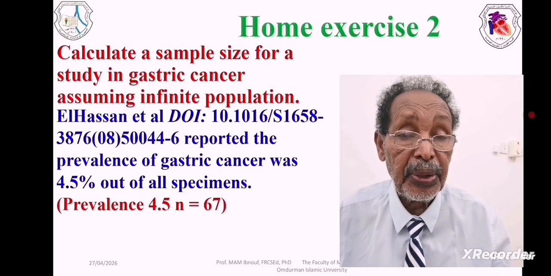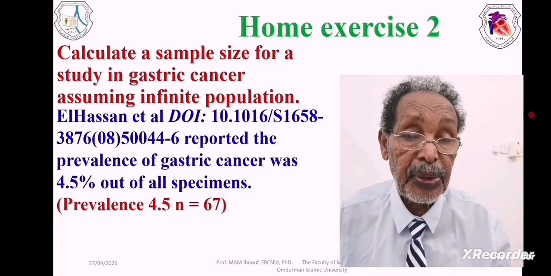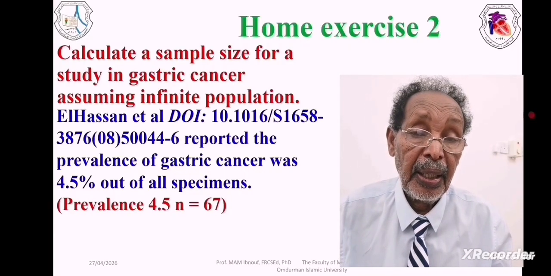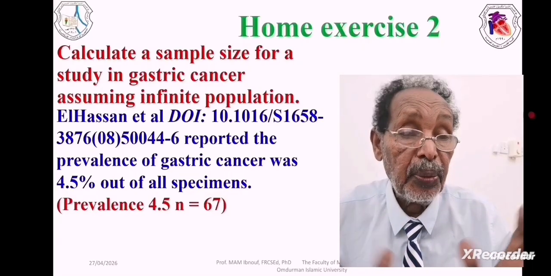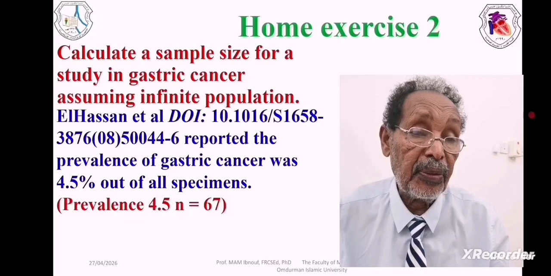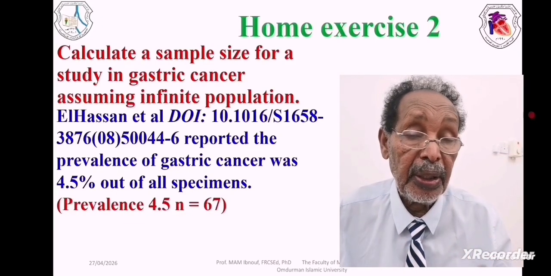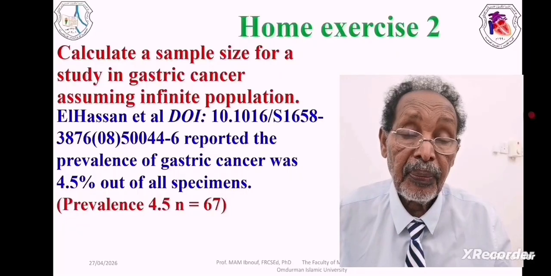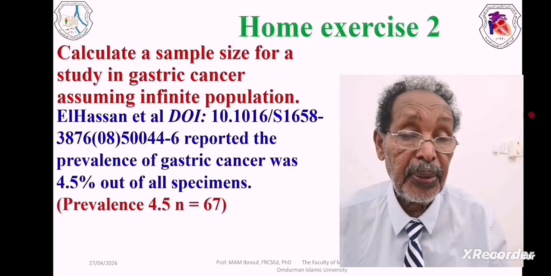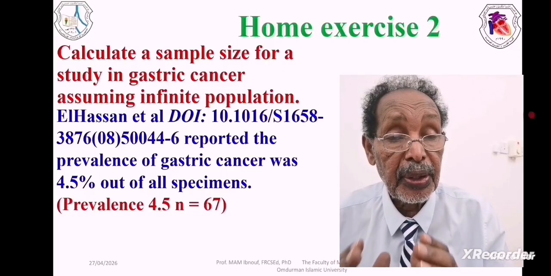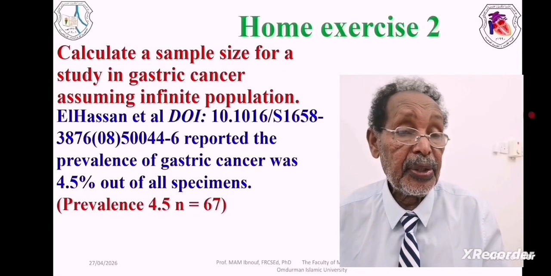They found in their lab that the frequency of gastric cancer among all tumors they received, not alimentary canal tumors only, not GIT tumors only, it's all tumors, constituted 4.5%. If we use 4.5%, we can study only 60.